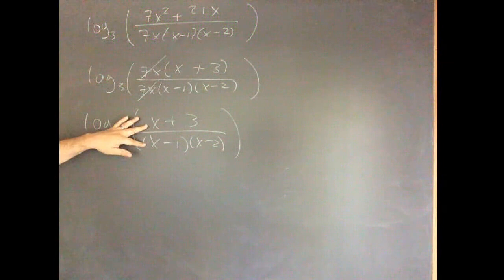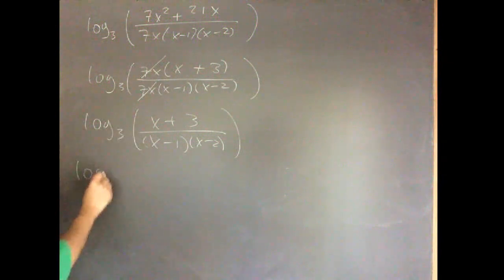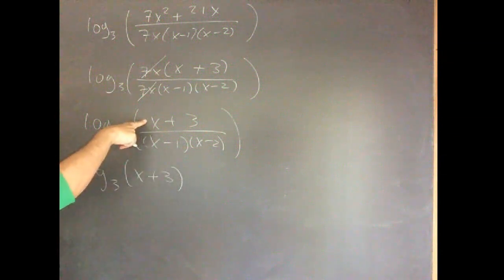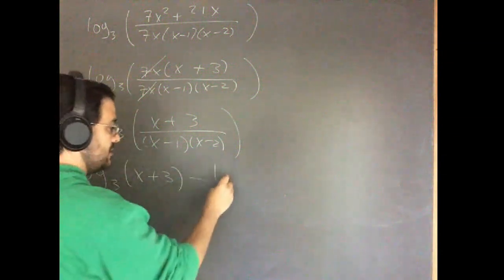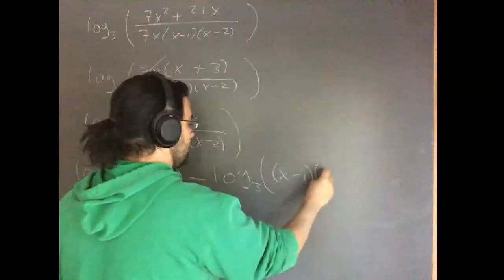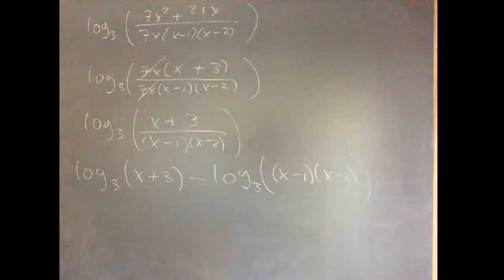And we'll turn this division into subtraction. So this will be log base 3 of x plus 3 because that's what's on the numerator, and then minus everything in the denominator. So log base 3 of x minus 1 times x minus 2. Okay, so we use the quotient rule at this point.